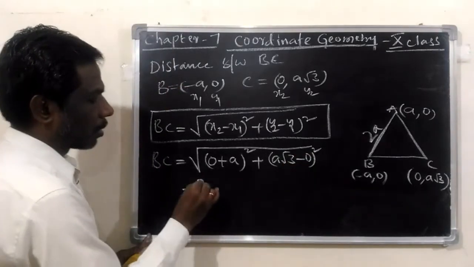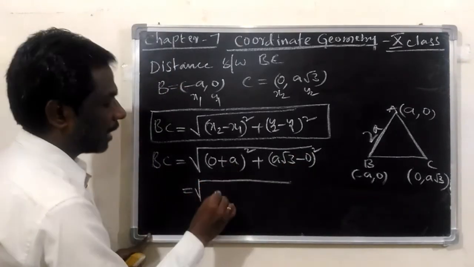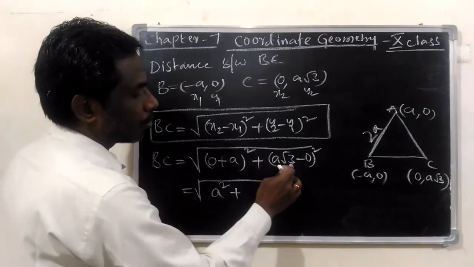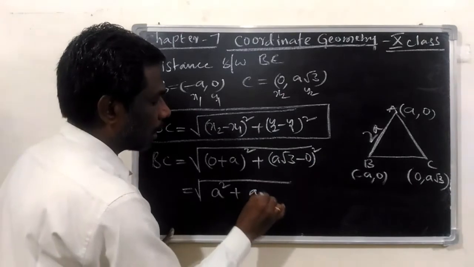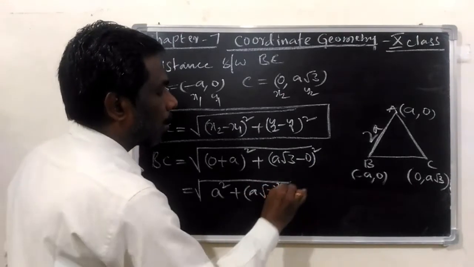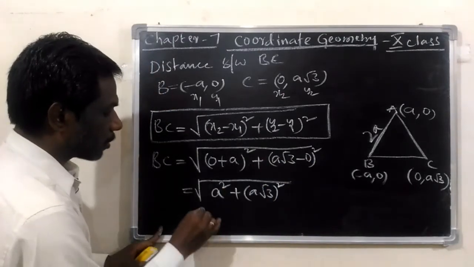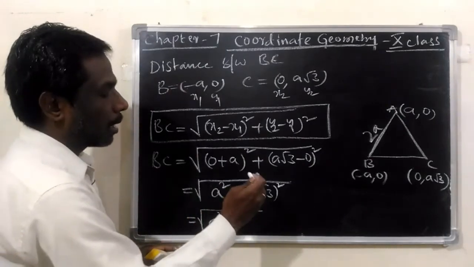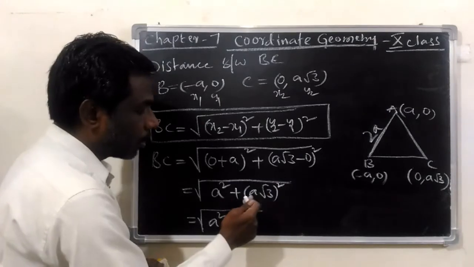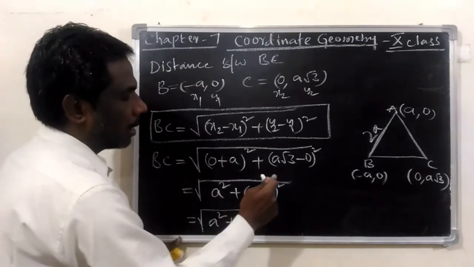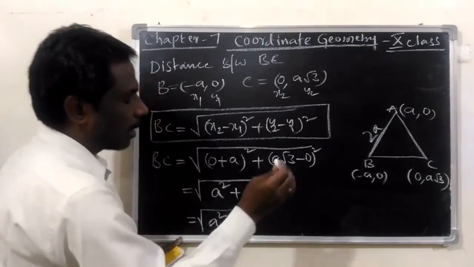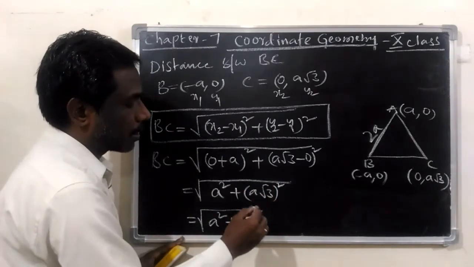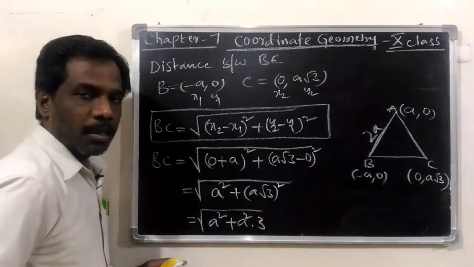That equals under root of a square plus (a root 3 minus 0) whole square. Write a square as it is, plus a square and root 3 square. Root 3 whole square: the square and root cancel, remaining only 3.